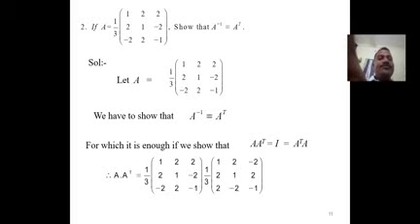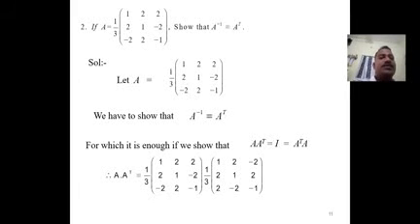After multiplication, 1 by 3 into 1 by 3 is 1 by 9 into the product of the matrices 1 2 2, 2 1 minus 2, minus 2 2 minus 1 into 1 2 minus 2, 2 1 2, 2 minus 2 minus 1.